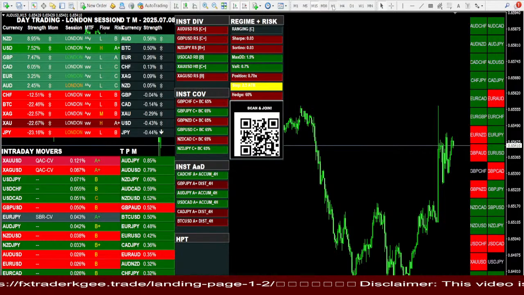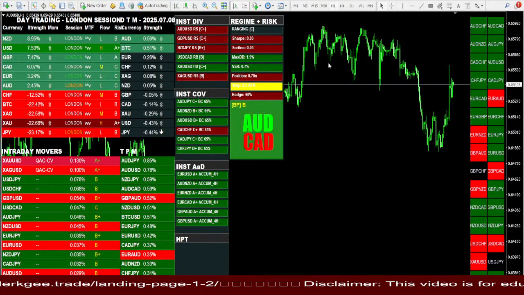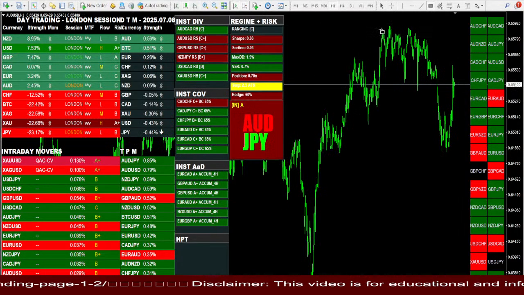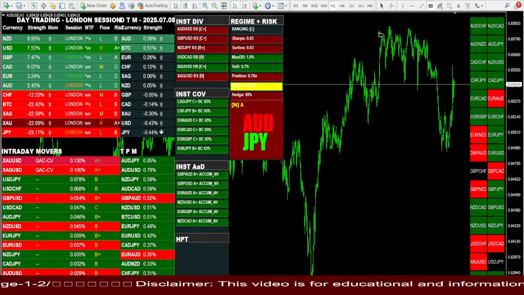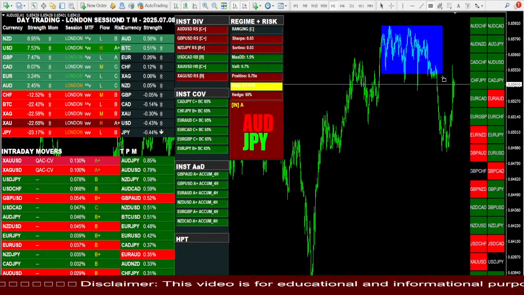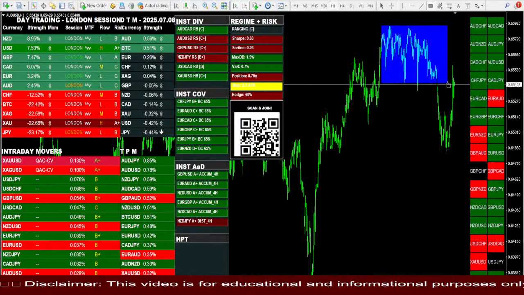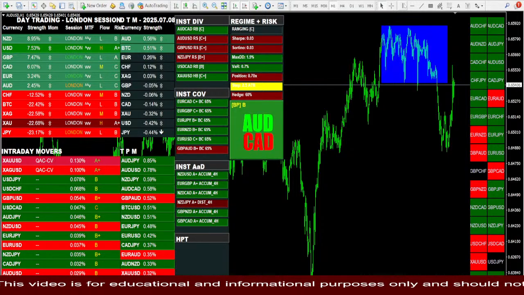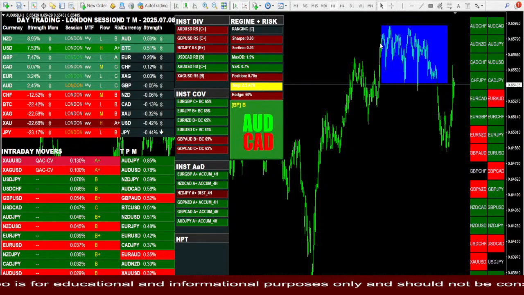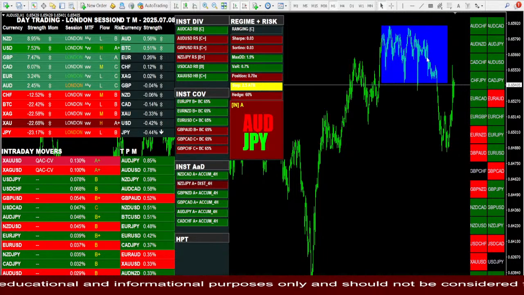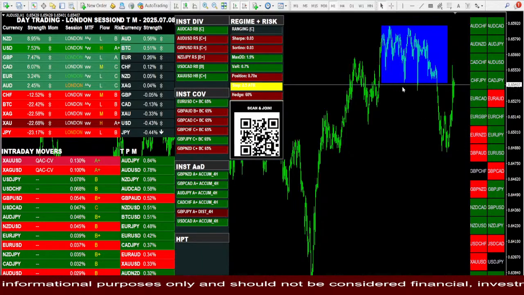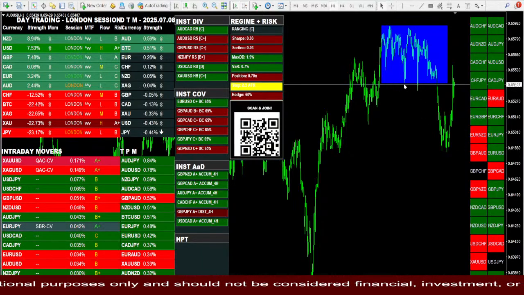Now AUD USD, this is what happened to it. If you watched the previous video I did, I talked about this. This was actually what I did. When I talked about this, I said that this consolidation here, the market was ranging, and I used this bottom here as a support.